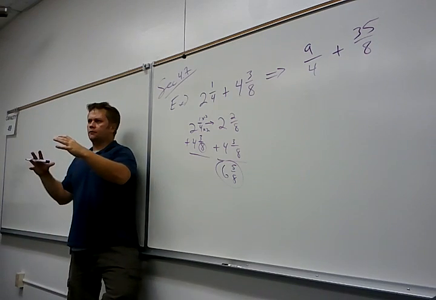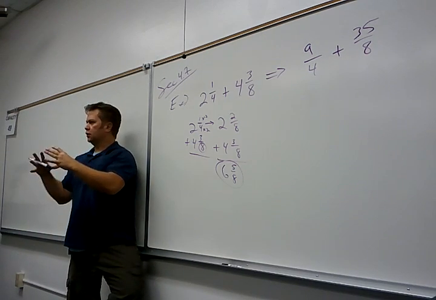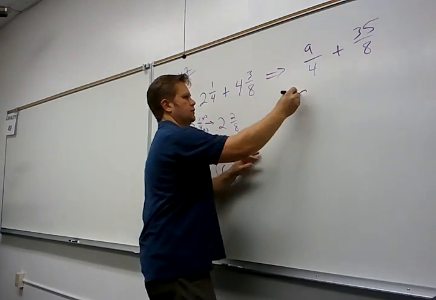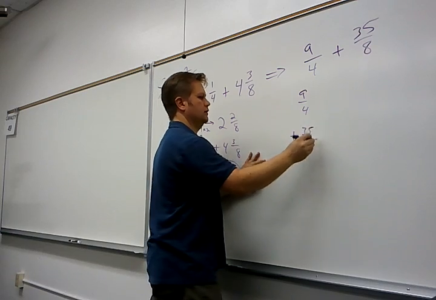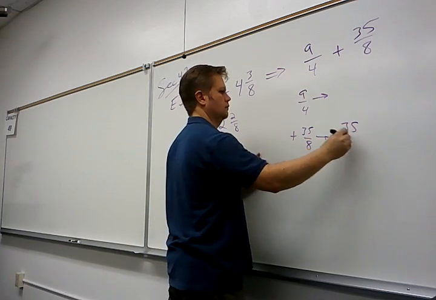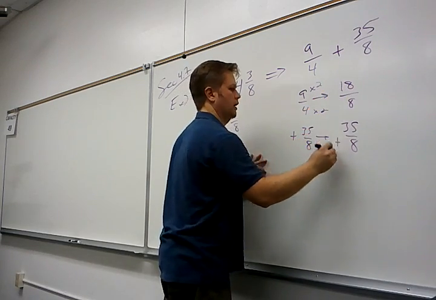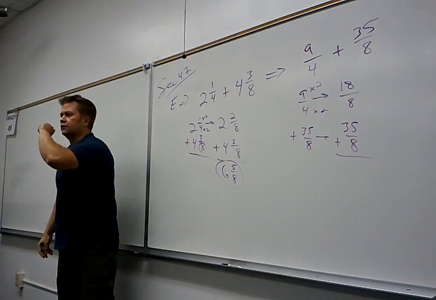So this makes further problems easier because now it's a little more compact. Right? So now I can still do 9 fourths plus 35/8. I still want to change this one, times 2 times 2. And what do I get when I add those? So it's 18 plus 35.